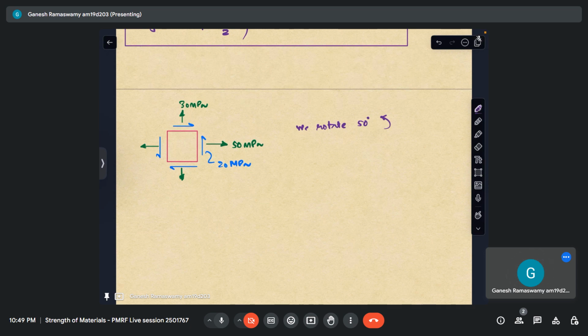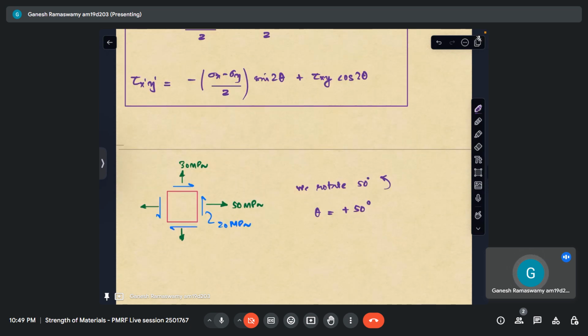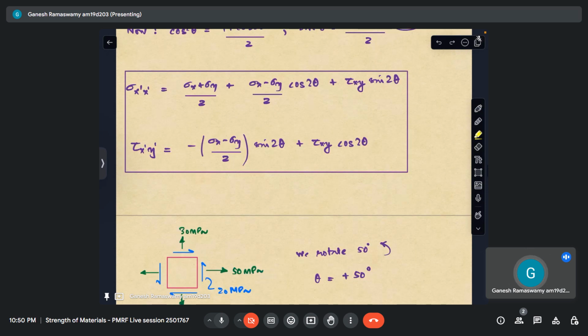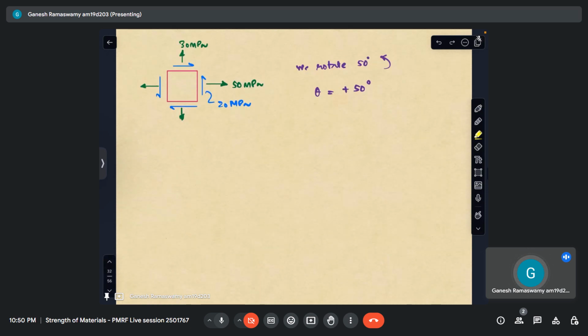So according to our convention, theta is plus 50 degrees because we take counterclockwise rotations to be positive. So our aim is to find out what is the normal stress and what is the shear stress on that plane. So let us see how to go about doing that.